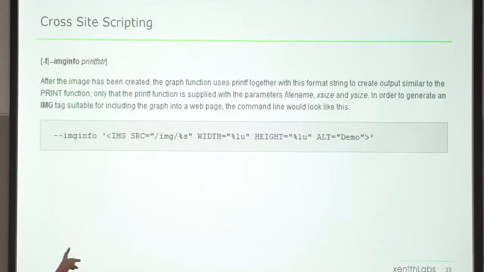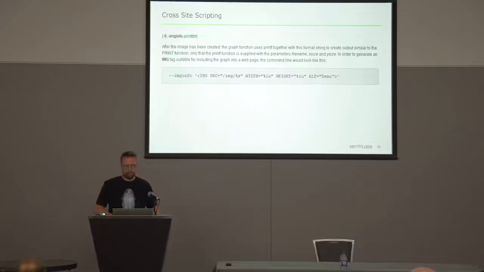The string has to have %s, %lu, but instead of doing an image source, you just do script tags, whatever, and it will generate cross-site scripting tags in the tool output.